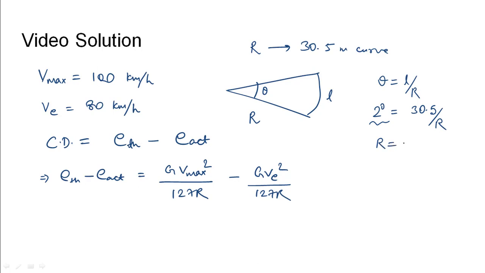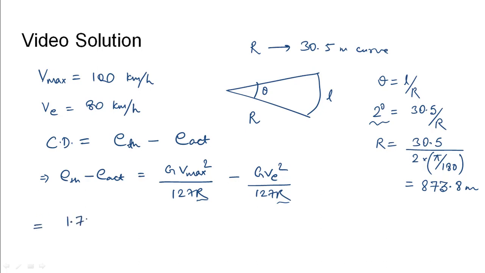So R will be nothing but 30.5 divided by 2 times degree should be converted to radians using the factor of pi by 180. This would give radius as 873.8 meters. This will be used in the calculation of cant deficiency.